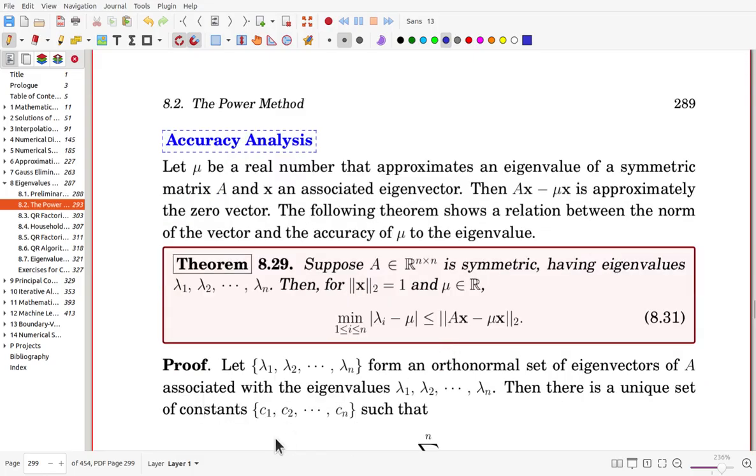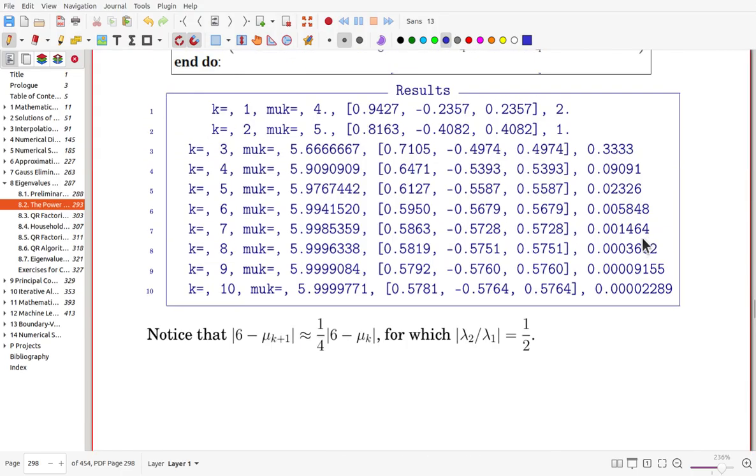Now we have accuracy analysis. Okay, we are in this algorithm.